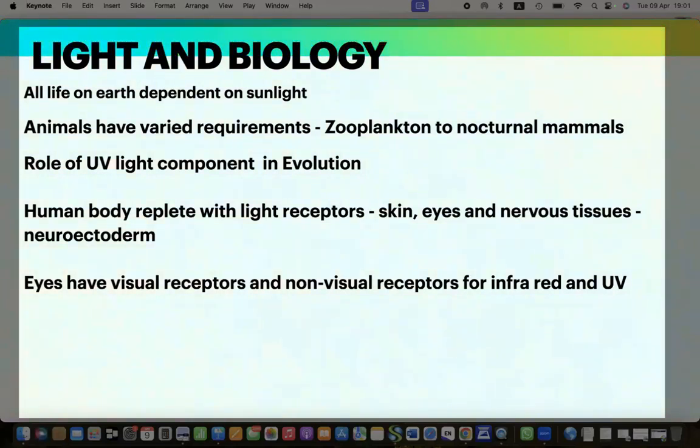Just an aside, blind people, provided they don't wear sunglasses, so the UV light can enter their eyes, they may see nothing, but their UV receptors, their non-visual receptors, are still working, and they can thus entrain and set their circadian rhythm clocks. It's in the part of the brain called the suprachiasmatic nucleus, SCN.